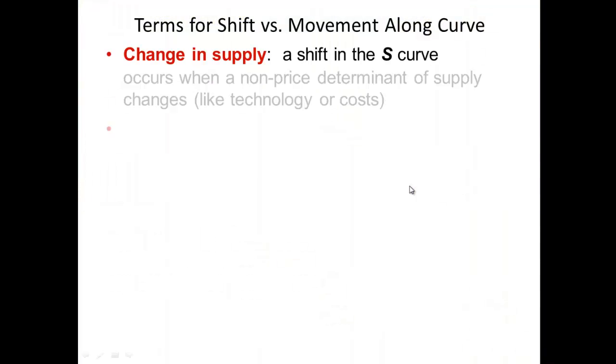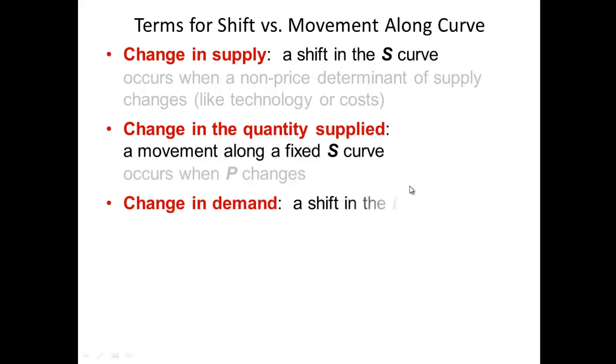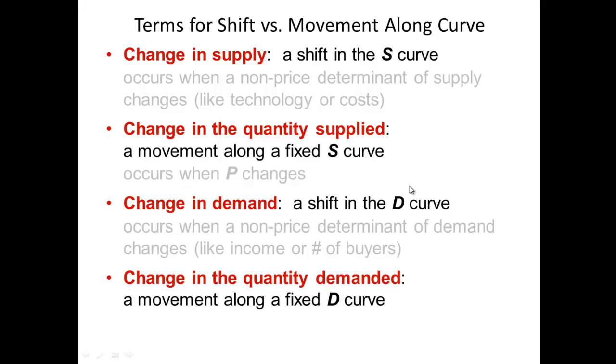Before we do that, however, we need to go back over the difference between quantity supplied and supply, demand and quantity demanded, and then also the difference between shift versus movement. When we have a change in supply, what we see is a shift in the supply curve.